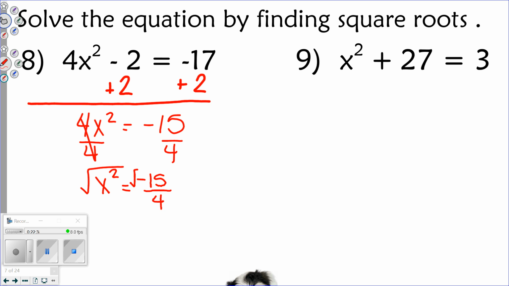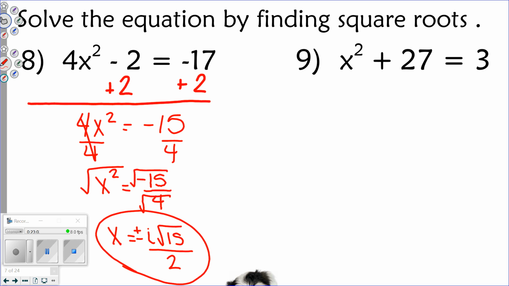Take the square root, top, bottom. Don't jump the gun on those steps, okay? So x equals, good, i radical 15. Can I do a factor tree on the 15? I get 3 and 5, no pairs. Square root of 4? Do I have to rationalize? No. Good, done?